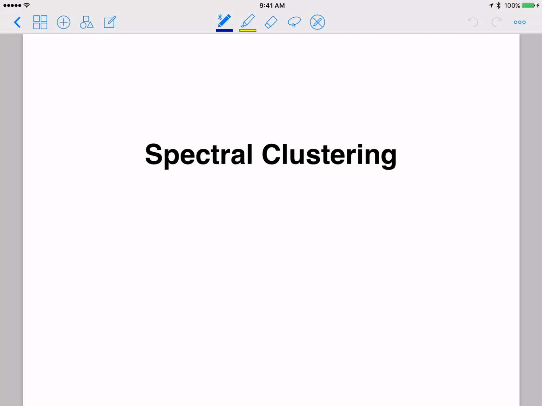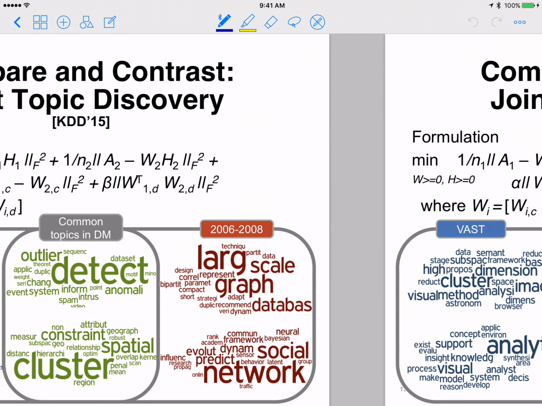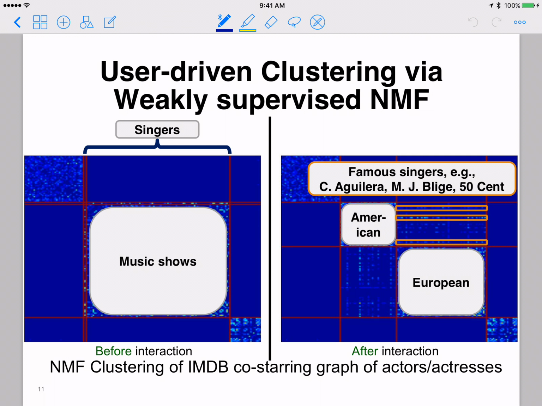Okay, let's continue. There are some variants of this NMF because it was one of my main research topics, and I tried to improve it so that it can be more flexible to incorporate user inputs.